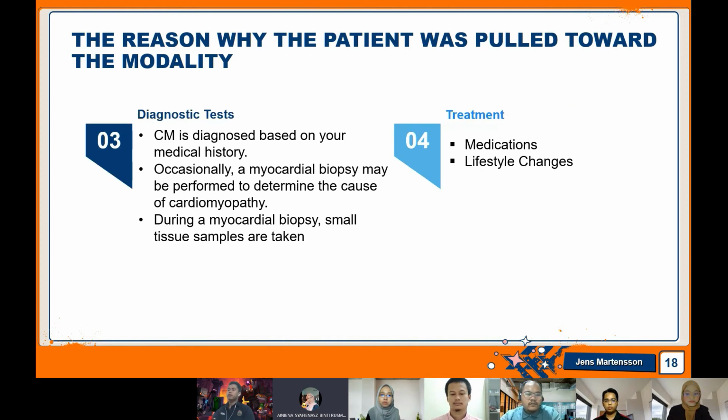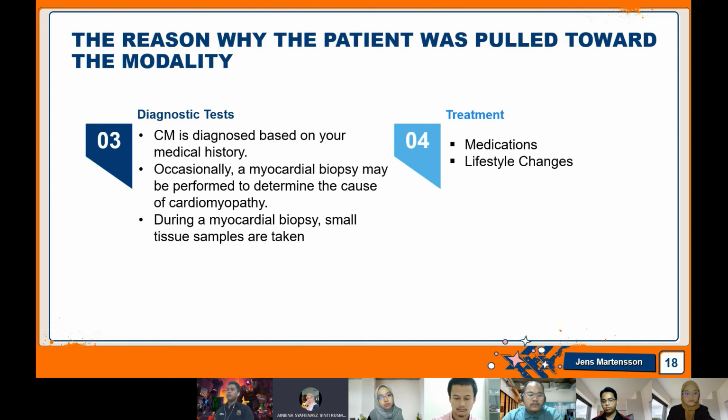Okay, next is the diagnostic test. Diagnosis of cardiomyopathy is based on your medical history, which includes symptoms and family medical history, a physical exam, and other tests. Specific tests may include blood tests, ECG, chest X-ray, echocardiogram, exercise stress test, cardiac catheterization, CT scan, MRI, and last but not least, radionuclide studies.